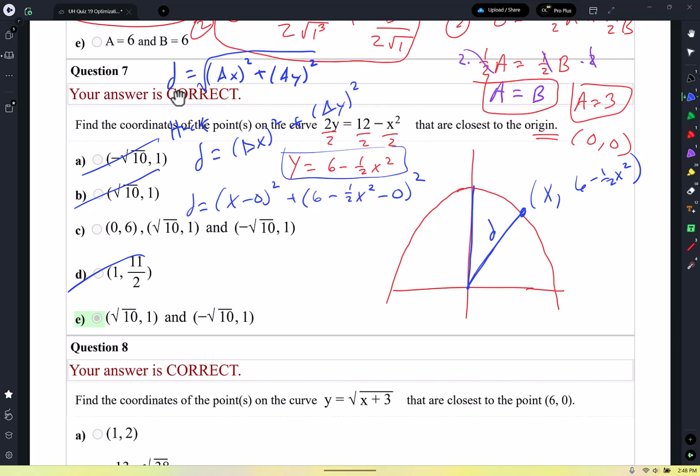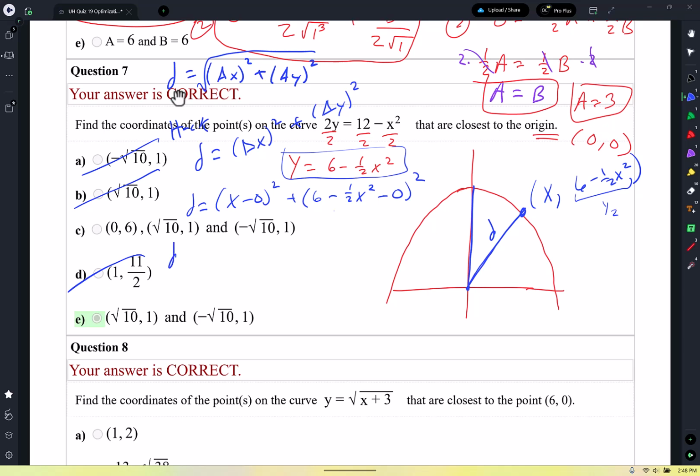All I did was x2 minus x1, and then y2 minus y1, and I'm squaring both. Because that's what it is, right? Changing x, changing y. No one's scared? You okay? All I'm doing is changing x minus 0, and then changing y, that's your y2 minus 0. So 6 minus 1/2 x squared minus 0, and it doesn't matter because the 0 is there, it goes away.